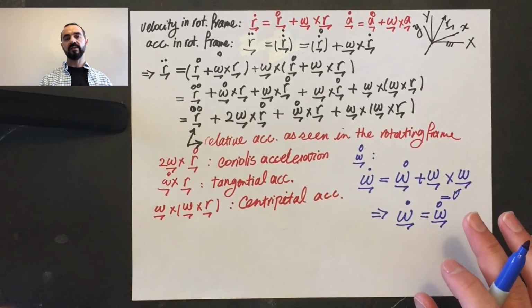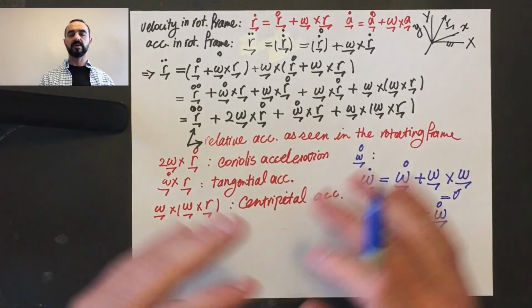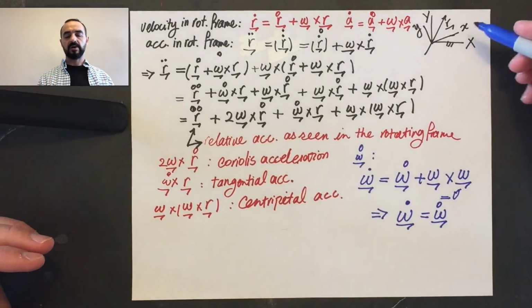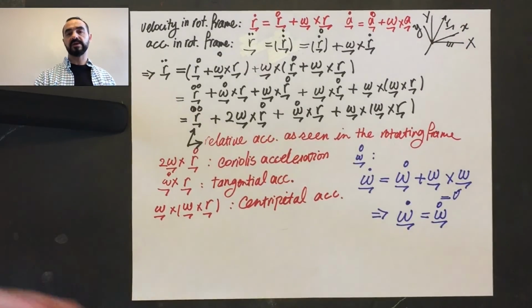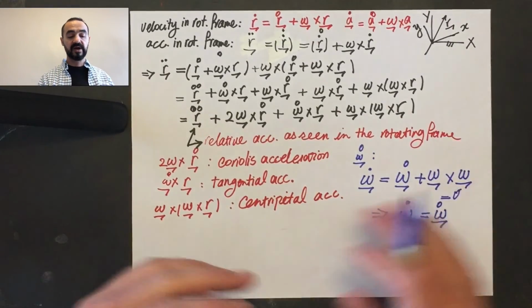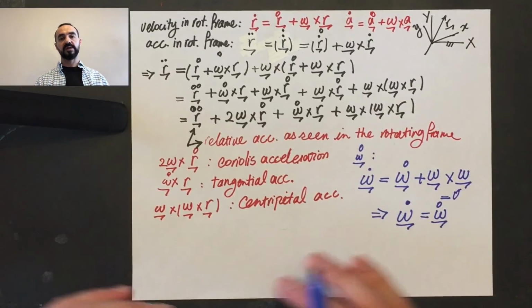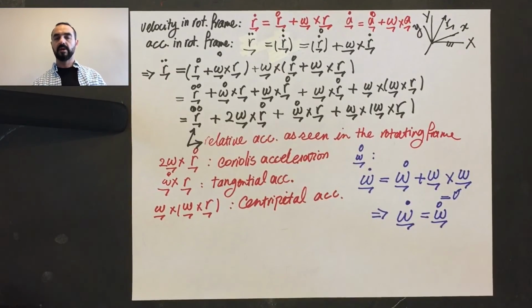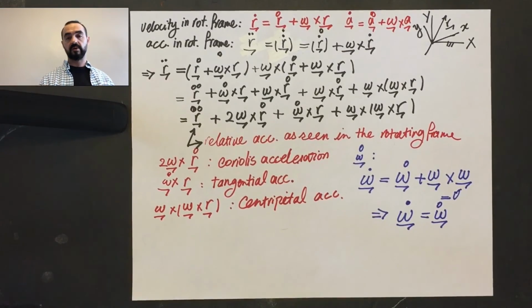So now we have done this. We're going to talk about, all right, what if our rotating frame is attached to a rigid body? What would it be? How does it affect these equations? Does it make it easier? Does it make it simpler? Or does it make it more difficult and more complicated? All right. So see you later.